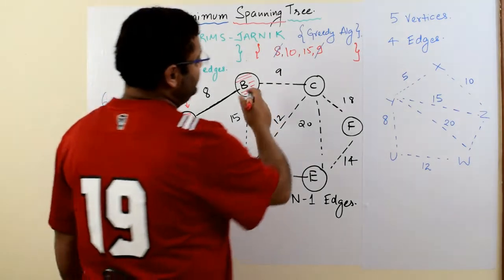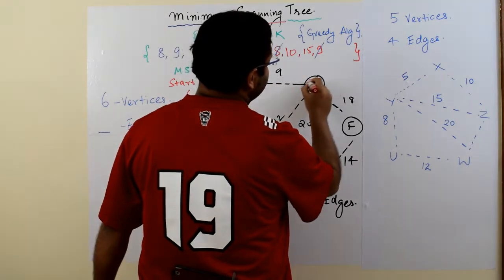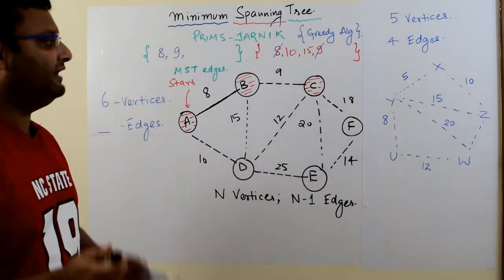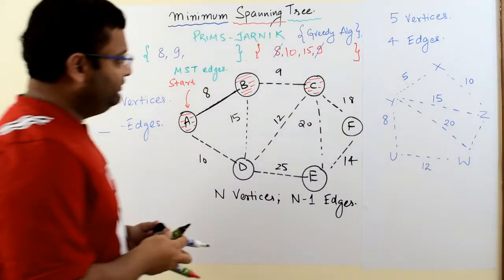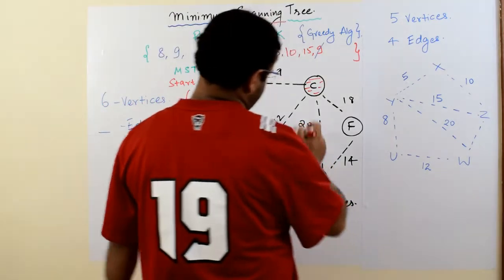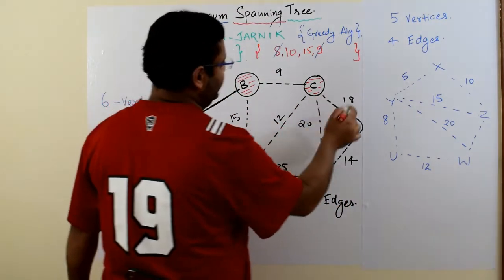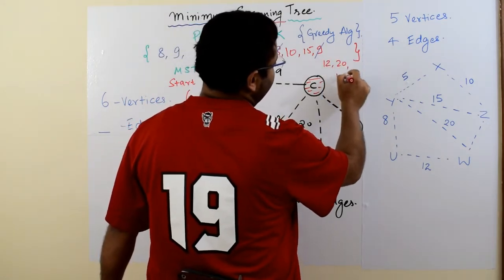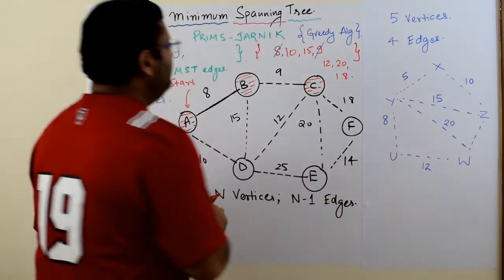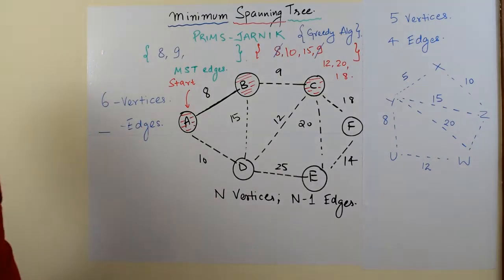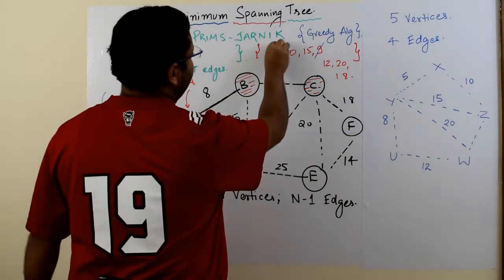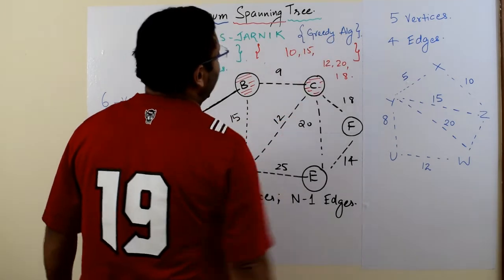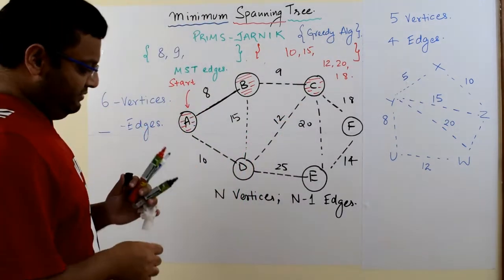Now with this edge being selected, we have discovered C as well. So now my collection of edges will also have edges corresponding to C, which in this case would be 12, 20 and 18. Now I can remove these edges completely because they have already been selected, and out of these I have to select a minimum.